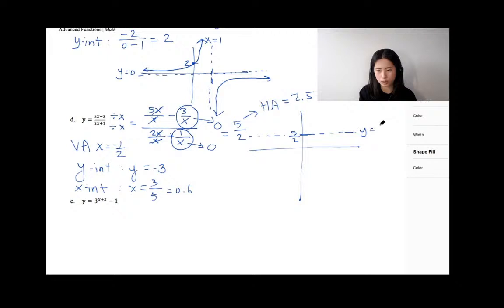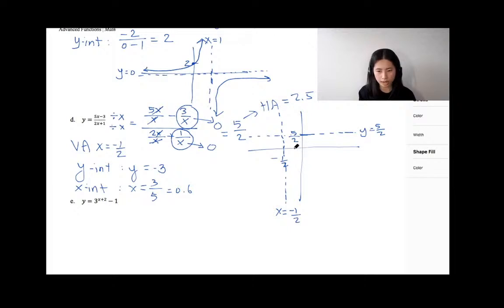So y is equal to 5 over 2. That's our horizontal asymptote. Vertical asymptote is negative 1/2, so that's going to go right here. Sorry, yeah. X is equal to negative 1/2.